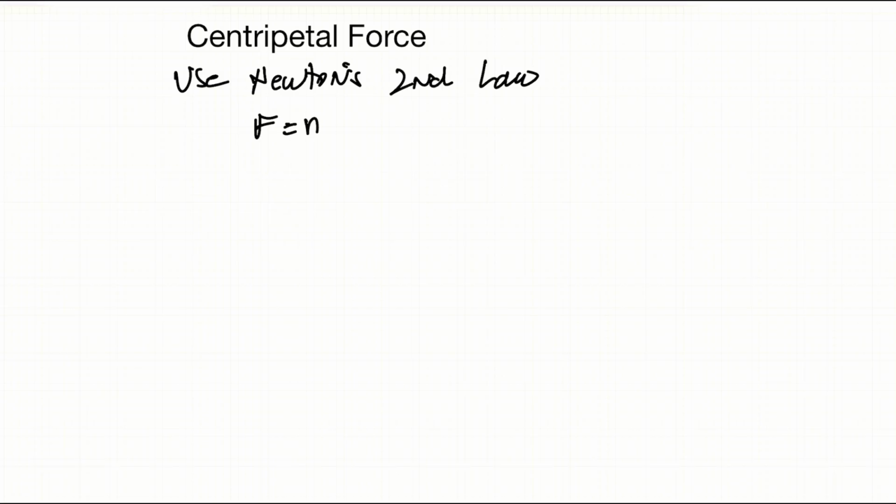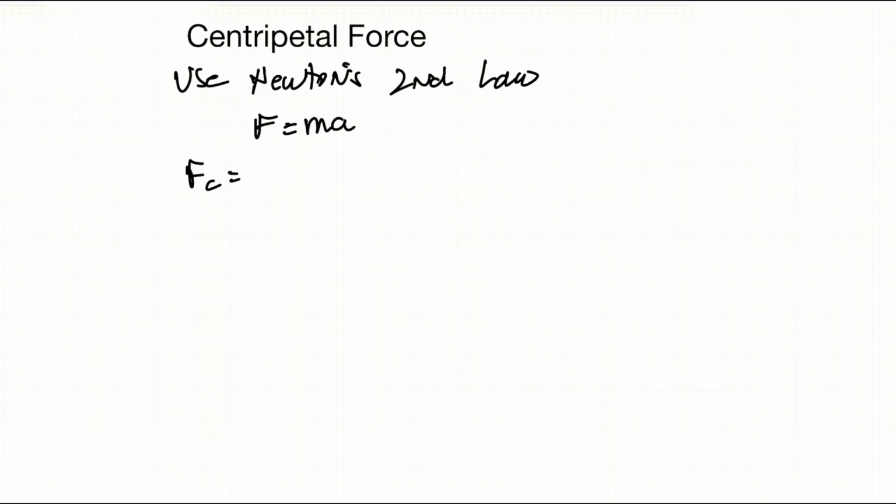Now let's look at centripetal force. So we're going to use Newton's second law. I've got a video on this. This tells us the force is equal to the mass times acceleration. Now then, centripetal force, this is the force that holds the ball in its circular motion around the string.